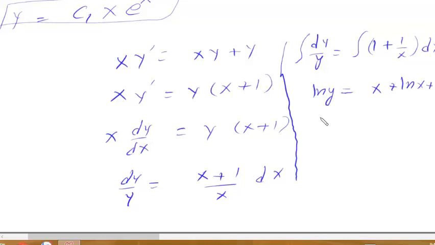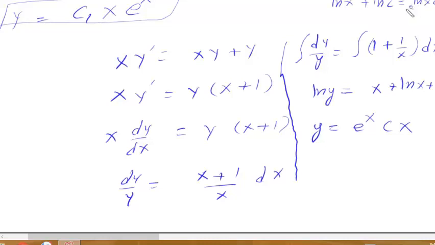Then we take its anti-log, then this is y is equal to e to the power x times cx. When we take the constant as the natural log of c, we can also write it like this.